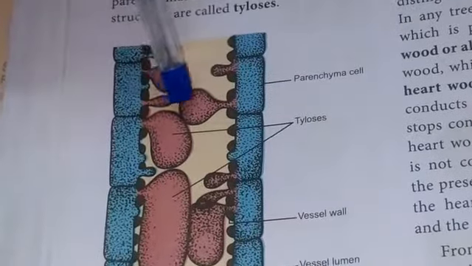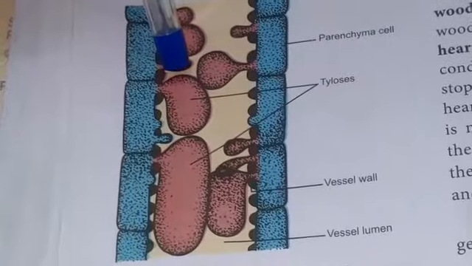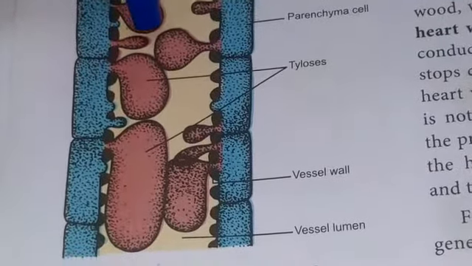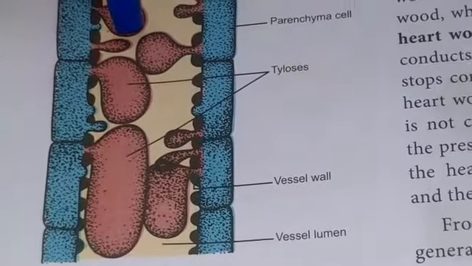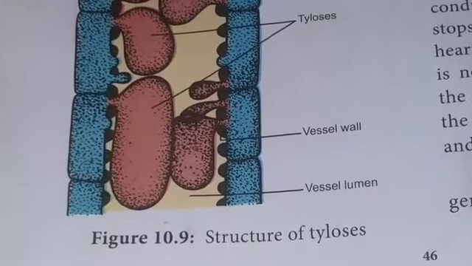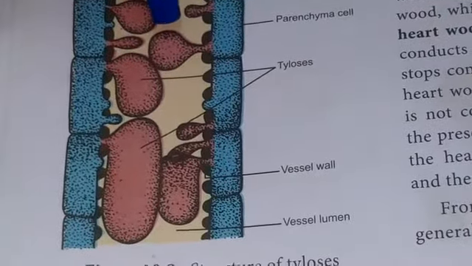Usually these structures are formed in secondary xylem vessels that have lost their function, that is, in heartwood. In the fully developed tyloses, starch, crystals, resins, gums, oils, tannins or colored substances are found.